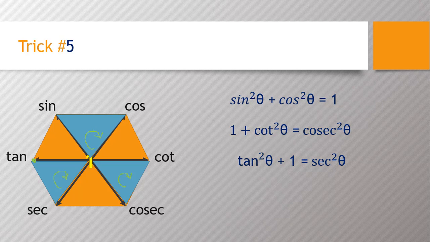After the equal to sign, either we are writing sec square theta or cosec square theta. And with 1 we are writing plus cot square theta and plus tan square theta. As cot and tangent both are opposite to each other and they are coming on the same side of the equal to sign, this might be one more trick to remember these two formulae.